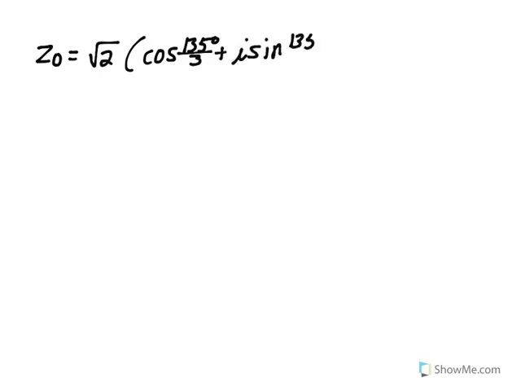Alright, so z0 is just going to be square root 2 times cosine of 135 divided by 3 plus i sine of 135 divided by 3. Now this comes out nicely, so if it comes out exact, we'll keep it exact, and if not, we will just round decimals.